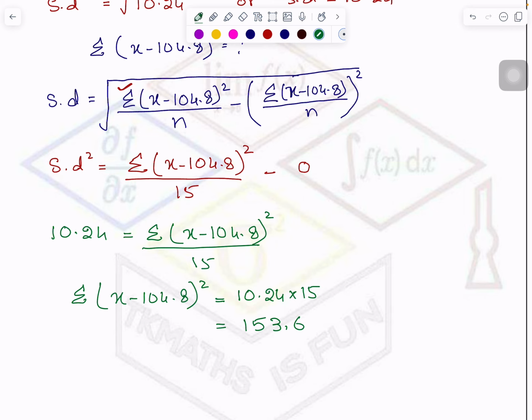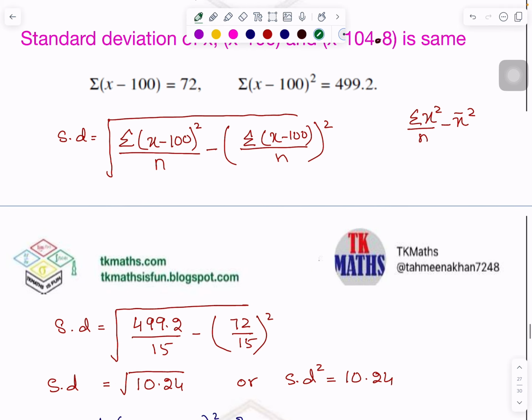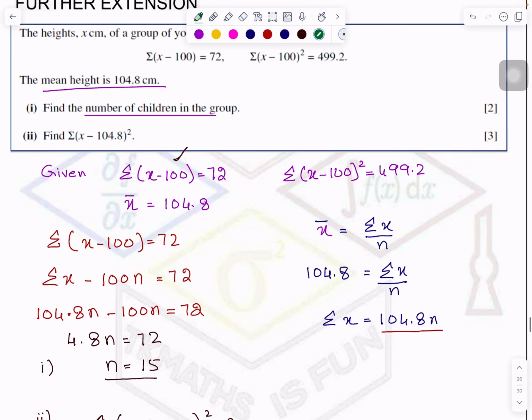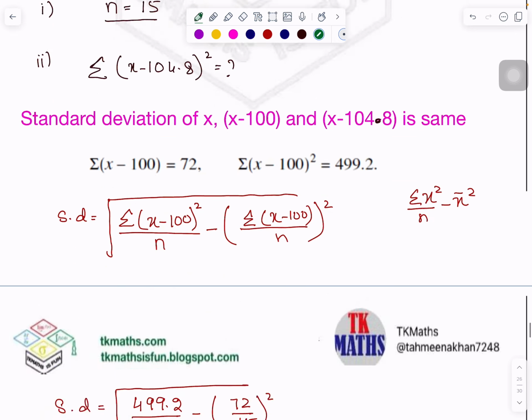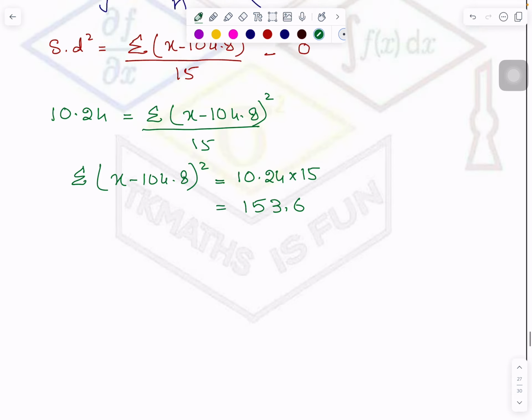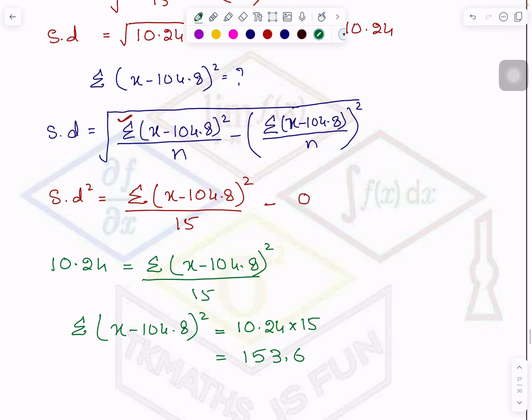You know 104.8 was also the mean of the actual data, it was written here. The actual data, what it was, x, right? So from each data you were subtracting 104.8. So if 104.8 is your mean, it means if from each data you subtract the same value, then the answer will be 0. So 0 divided by 15 is 0.